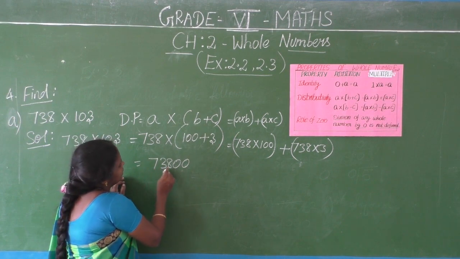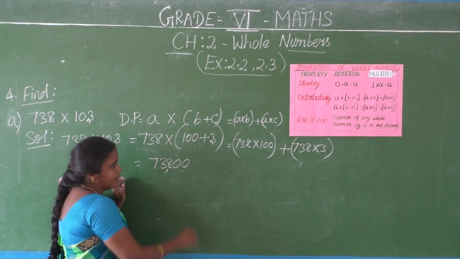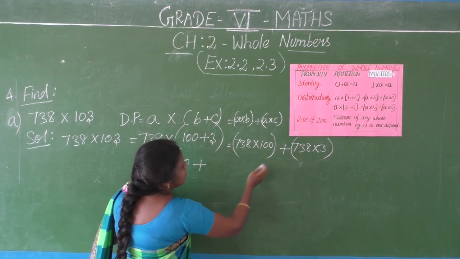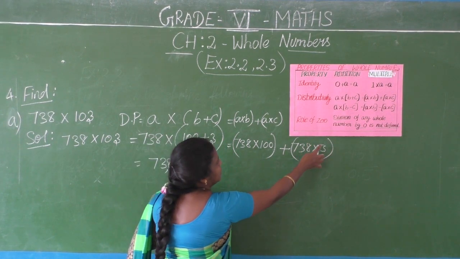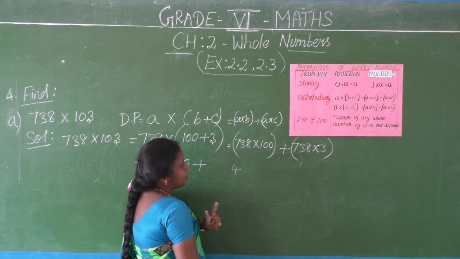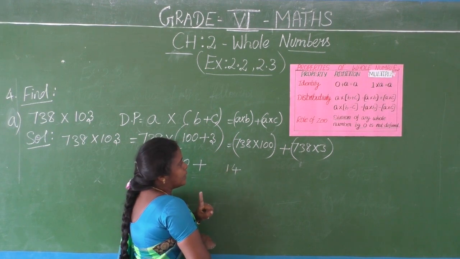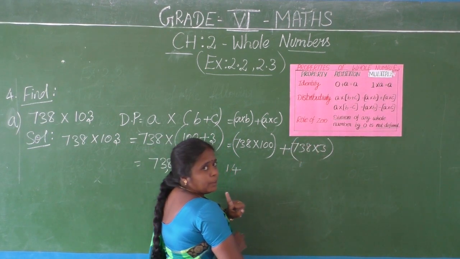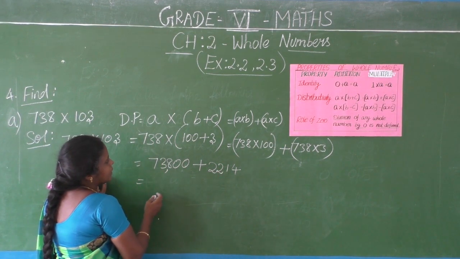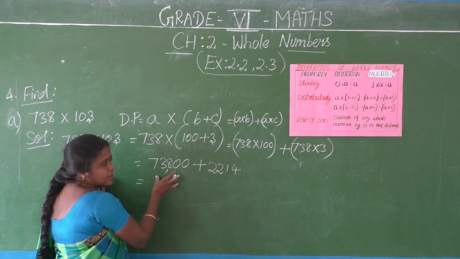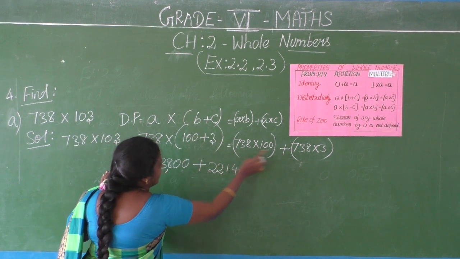So 738 into 100 is equal to 73,800, plus here just multiply only, 738 into 3. 8 3s are 24, remainder 2; 3 3s are 9, 9 plus 2, 11, remainder 1; 7 3s are 21 plus 1, 22. Clear? So A into B, that value is this one, A into C, that value is this one. Both should be added.